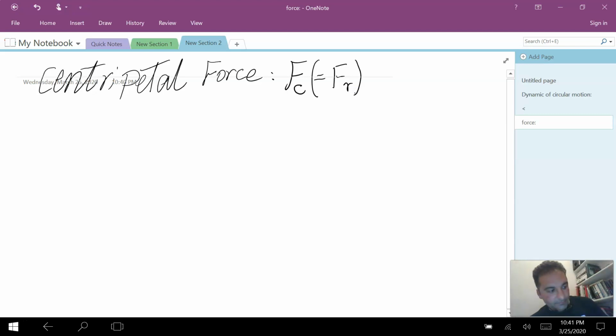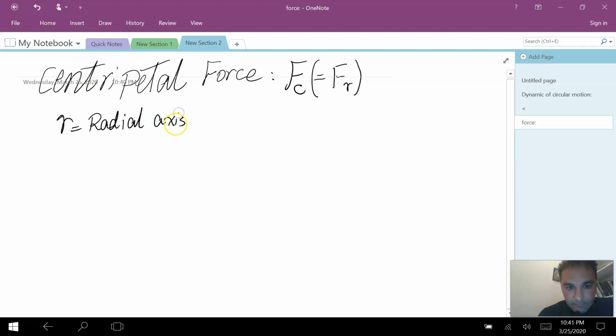Radial force, radial axis. So R means radial axis. What does radial mean? It means radius axis, correct?